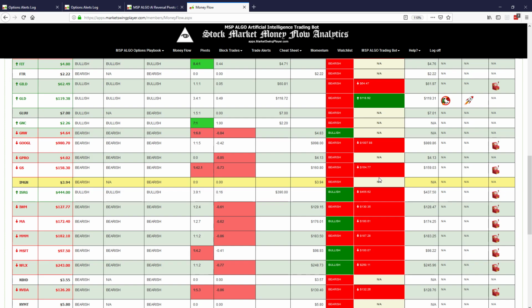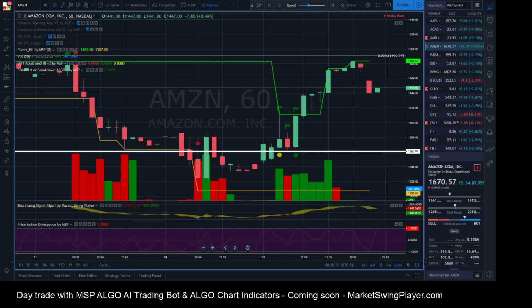The best way to get up to speed with this is to back test. You see how this is pretty much a back test I'm doing. I went back in time, I looked at the alerts log, and let's look at the chart for Netflix.